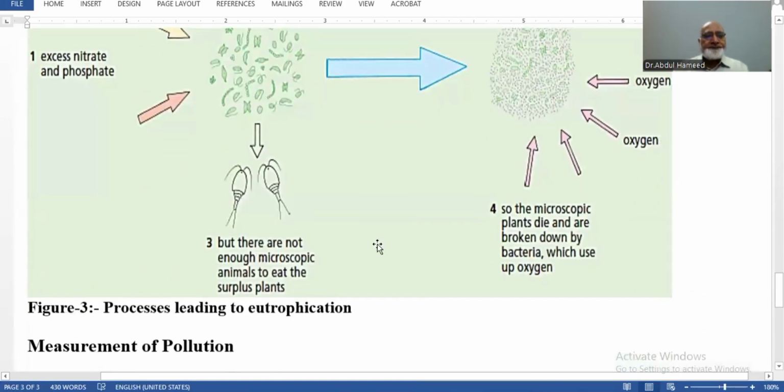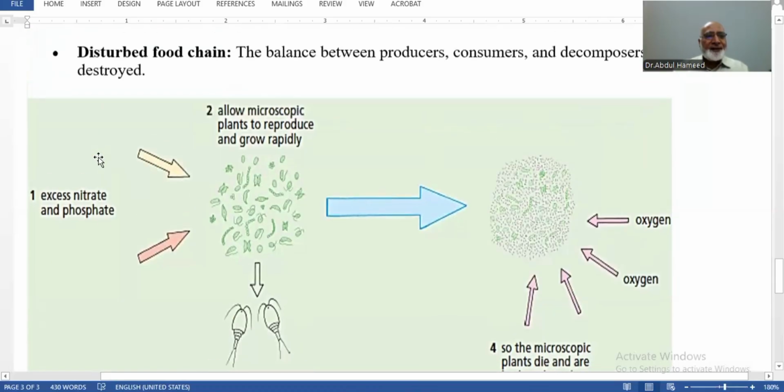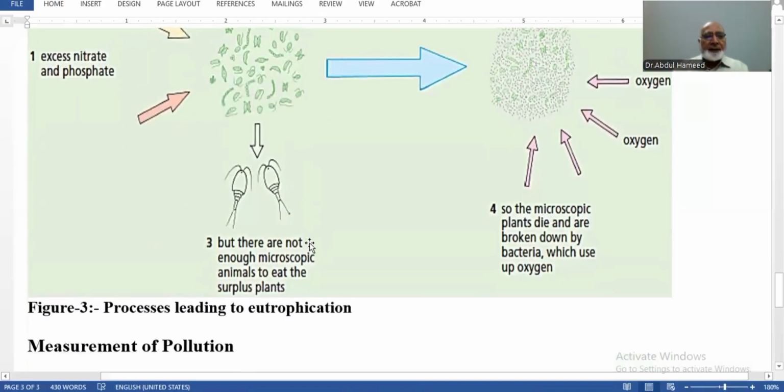So this figure is giving us much more information. For example, excess nitrates and phosphates will allow microscopic plants and algae to reproduce and grow rapidly. Then, in a normal ecosystem the consumers are there, but in that particular water body, maybe there is less availability of consumers.